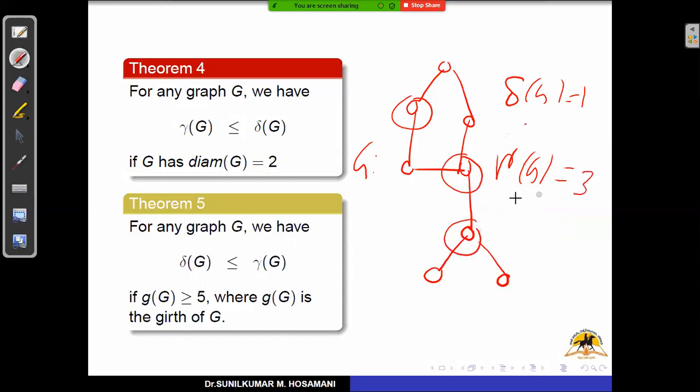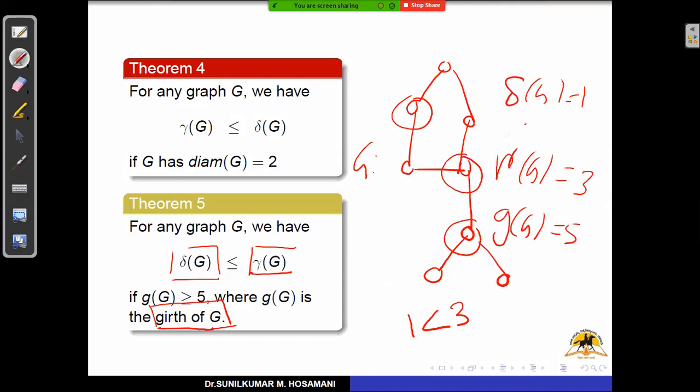So the domination number is 3, and you can see the length of the shortest cycle here. So the girth of this graph is 5. Okay. So here clearly, in this case, the minimum degree is strictly less than 3 here. So this is a theorem which relates the domination number and the girth of a given graph with a minimum degree. Okay. So the minimum degree and girth of a graph are different graph theoretical parameters, which relate the domination number.